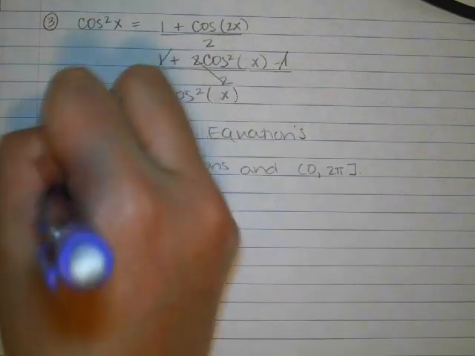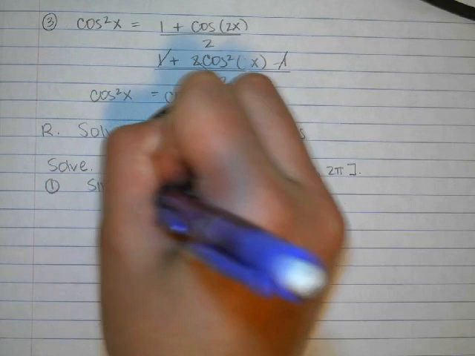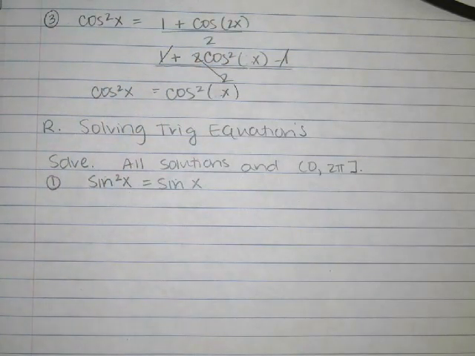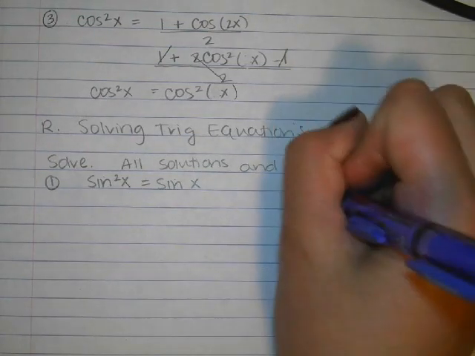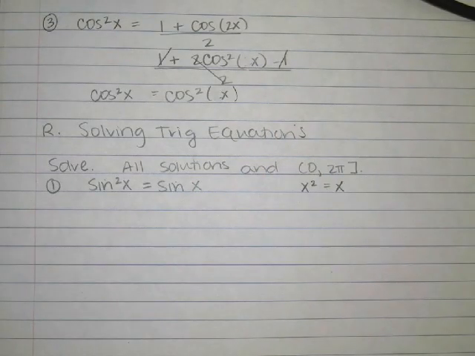So the first equation that we're going to solve is sine squared x equals sine x. And this is kind of like if you were solving the quadratic equation x squared equals x. I'll write it right here, x squared equals x. It's a quadratic equation. It's going to have multiple answers.